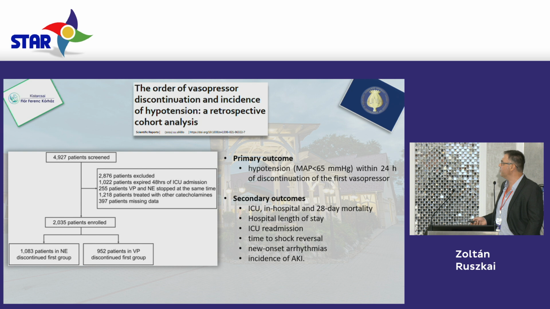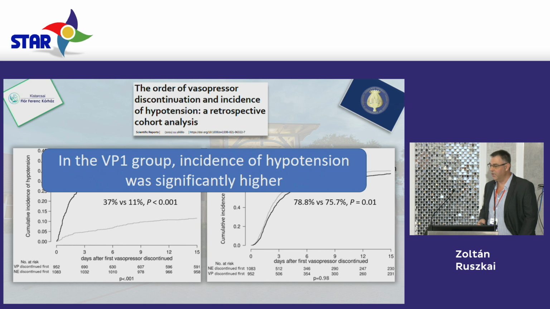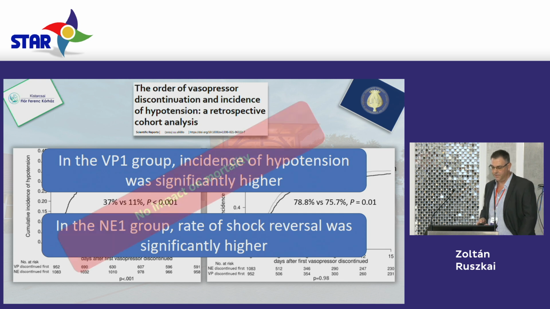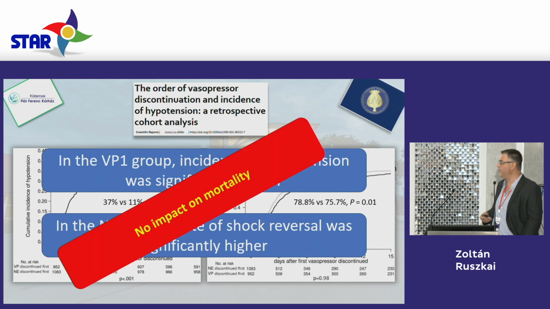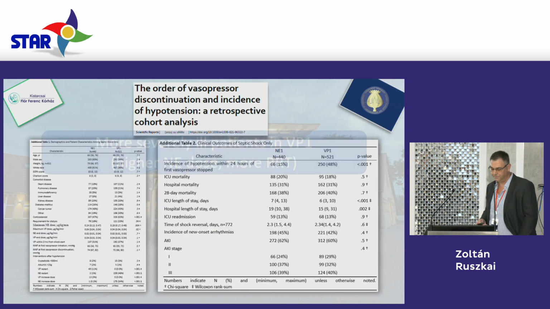This was a retrospective analysis, and they found if vasopressin was discontinued first, the mortality arose, and the risk of hypertension arose. The opposite: if they discontinued norepinephrine, the rate of shock reversal was significantly higher. So maybe we have to wean our patients first from norepinephrine and not from vasopressin.